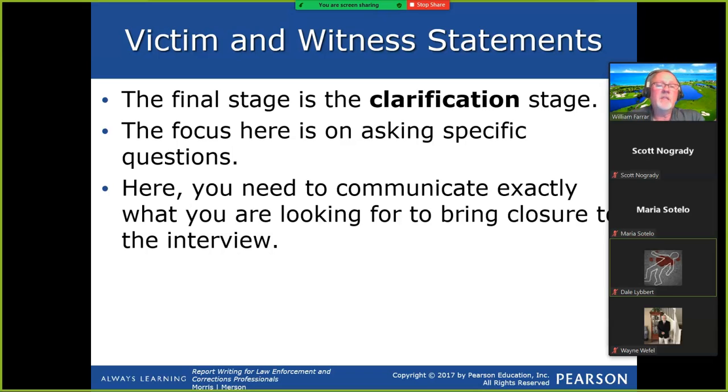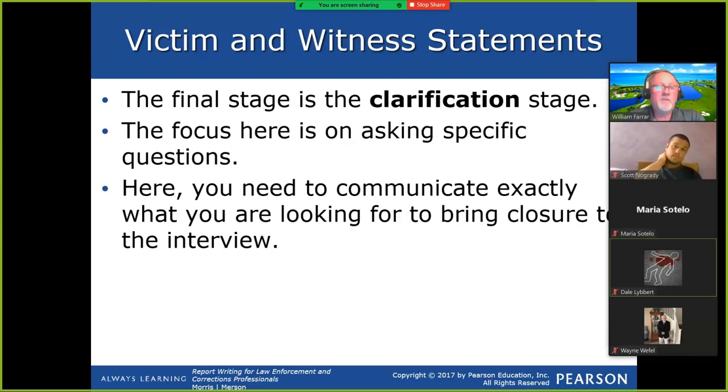This is definitely a lot easier with a victim or a witness, depending upon the crime type. If the person is a sexual assault victim, it's going to be a lot more difficult, and that's why you need to give the person a little bit of wiggle room when interviewing them.